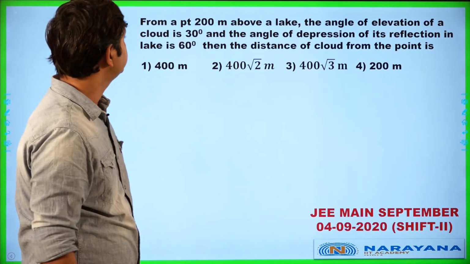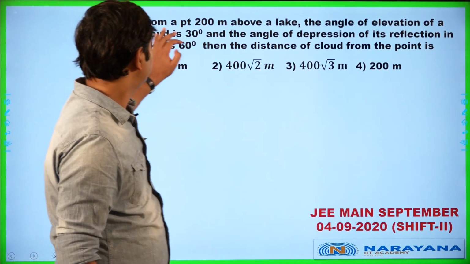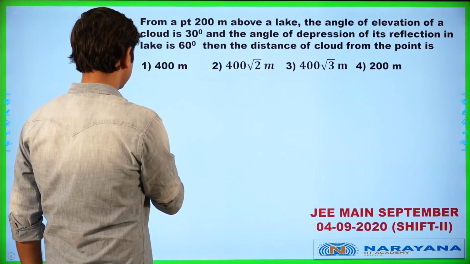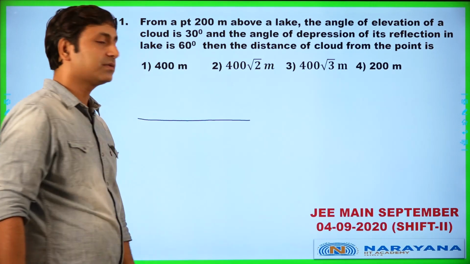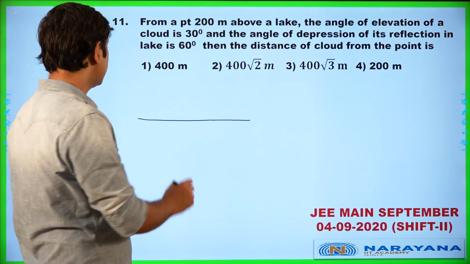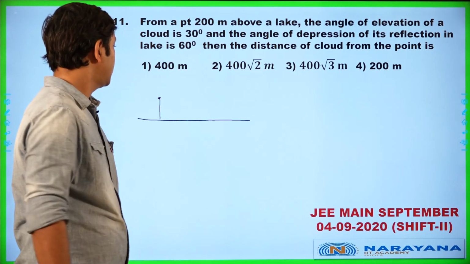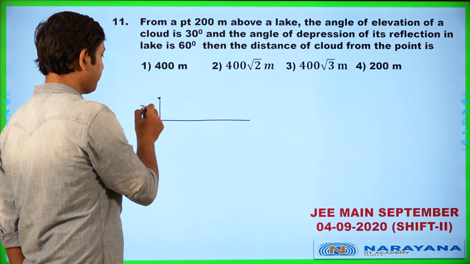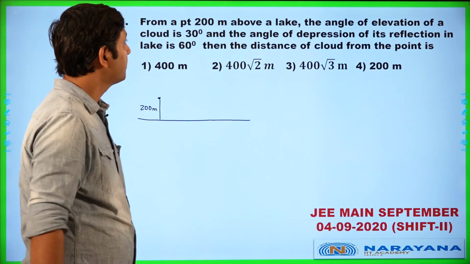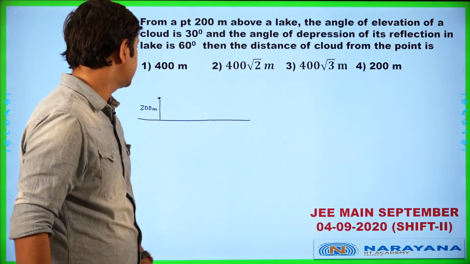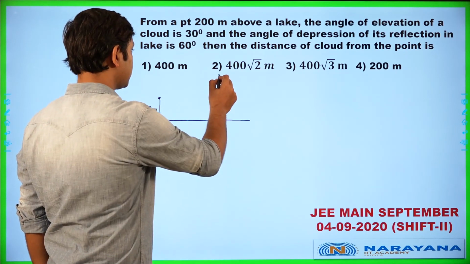In the next question, we have a point 200 meter above a lake. So, let us say there is a lake, this is the surface of the lake. There is a point 200 meter above the lake. Let us say this is the point and this is 200 meter. The angle of elevation of a cloud is 30 degree. From here, let us say there is a cloud here.